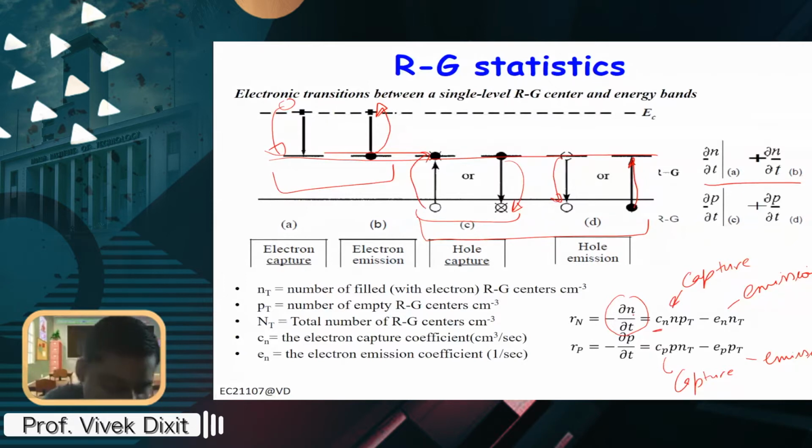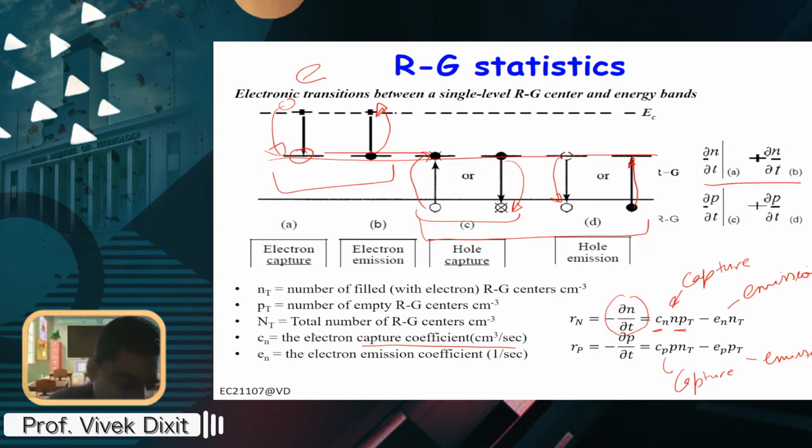We have the capture coefficient Cn, multiplied by the following. When the trap has to capture an electron, there should be an electron in the conduction band, and there should be an empty state in the trap, right? Then only the electron will be captured. So this capture rate will depend on the number of available electrons in the conduction band and the number of available empty states in the trap level. So it is n times pt.